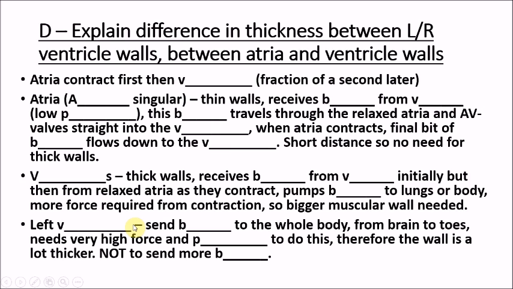The left ventricle is a lot thicker because it sends blood to the whole body, from the brains to the toes, which needs a very high force and pressure to do this. Therefore, the wall is a lot thicker, and what you've got to understand is it's not to send more blood. That's not what it's about. It's about sending it at higher pressure.